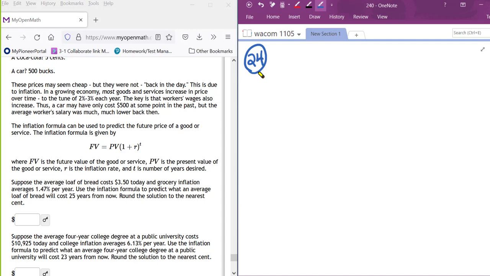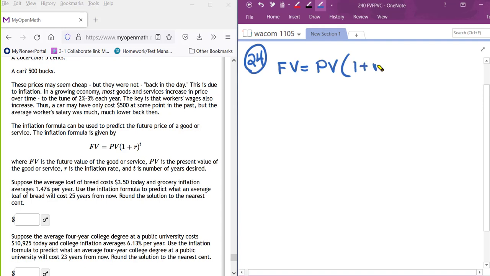This is a future value. This is the present value, and they tell you what all these stand for. R is the inflation rate. You have to put it in as a decimal, and T is the time in years. So you're just going to plug in. So future value, present value, times 1 plus r to the t.